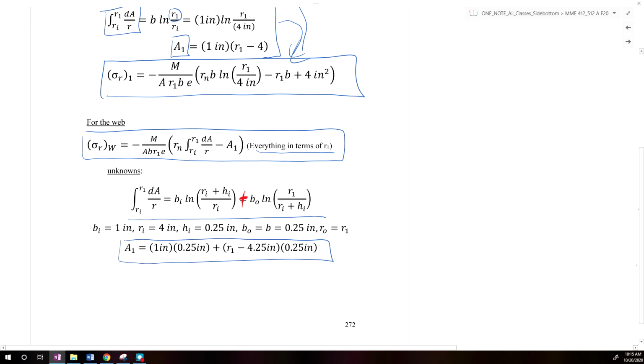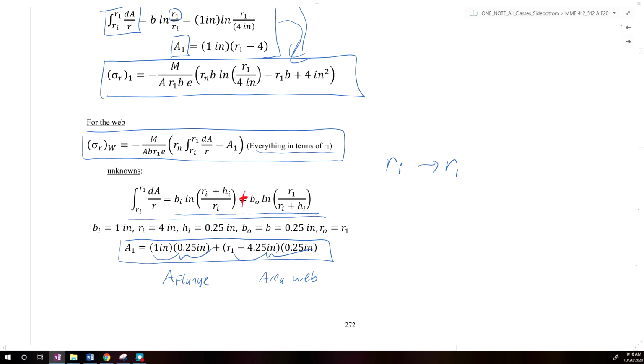The important thing here is that in the web section, we're evaluating everything from the inner radius to R1, so we have to account for both the flange and the web in A1. This is the area of the flange in the A1 calculation, and this is the area of the web. For our integral, we also have to account for both the flange and the web.